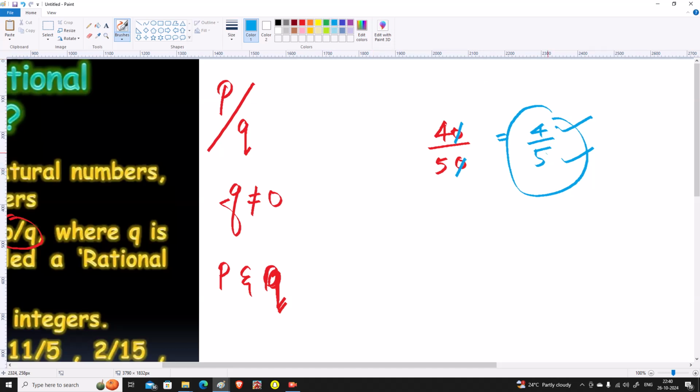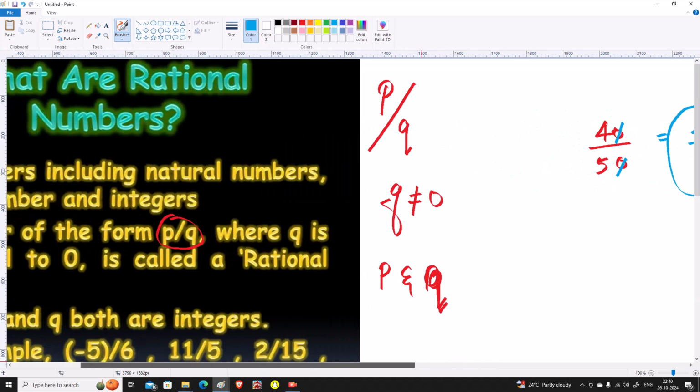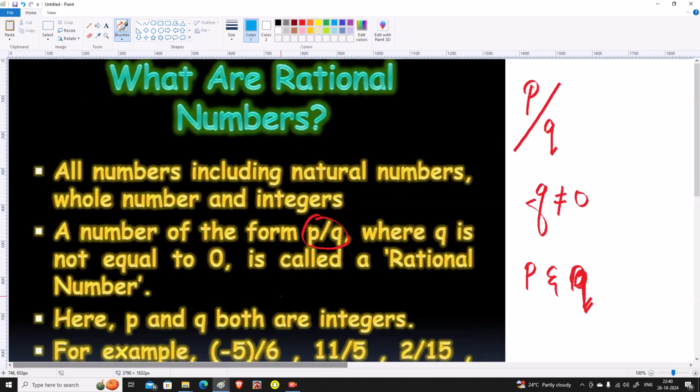And we are checking the next condition, the denominator should not be equal to 0. So here we are checking the denominator, yes, it is equal to 5. So a number which can be written in the form P by Q is always a rational number.